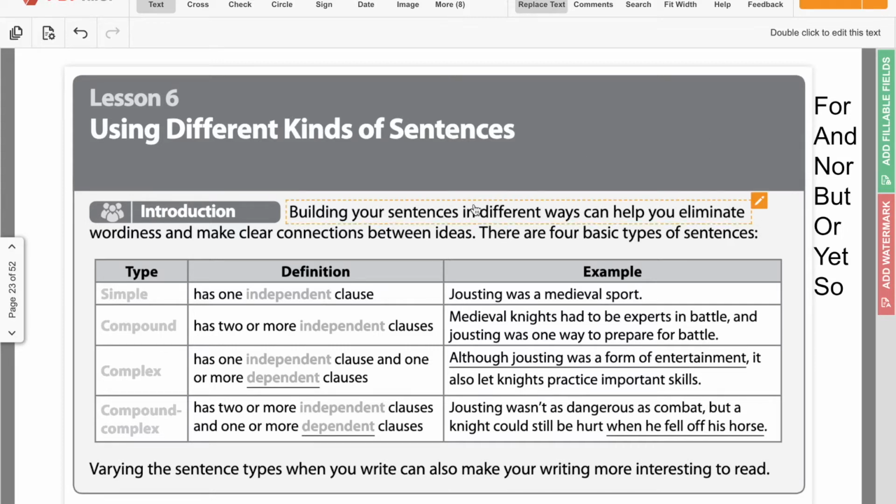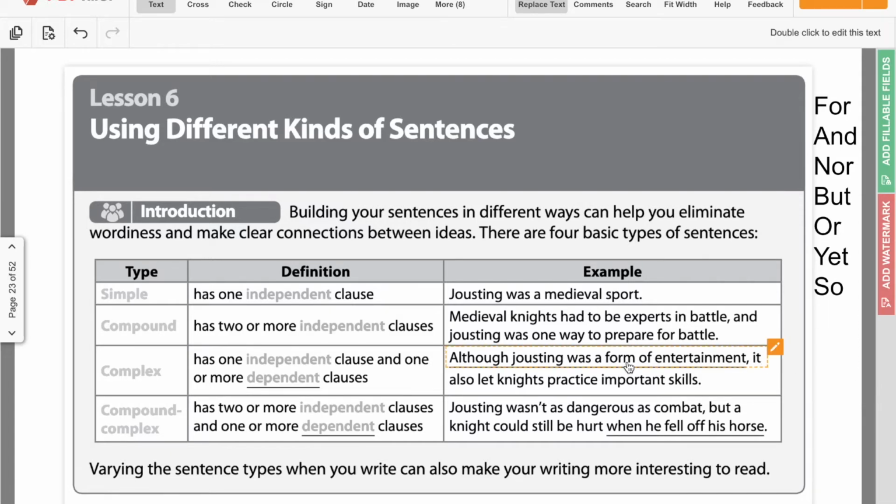So here we see the underlined part is our dependent clause. Although jousting was a form of entertainment. The way we can tell that's a dependent clause is if that was a period and it stopped right there, it would leave you like, although jousting was a form of entertainment, what? Like, what else are you going to say? Because it doesn't sound like you're done talking, right?